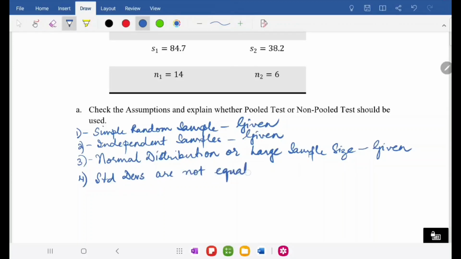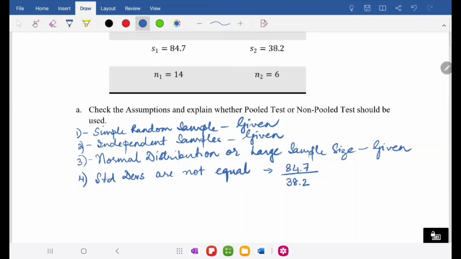And remember the rule of thumb I had mentioned. In order to figure out whether the standard deviations are close enough, whether we can use the pooled method versus the non-pooled method, take the higher standard deviation, which in this case is 84.7, and divide it by the smaller standard deviation, which in this case is 38.2, and see if it is less than 2 or not.